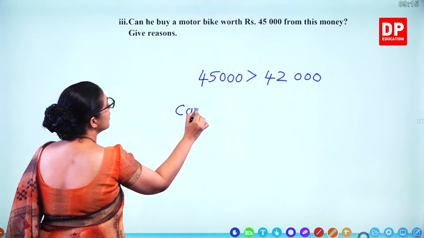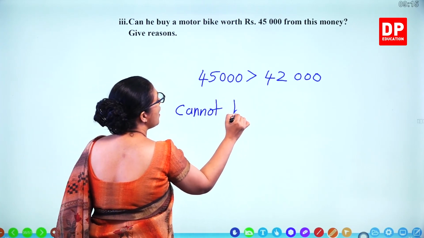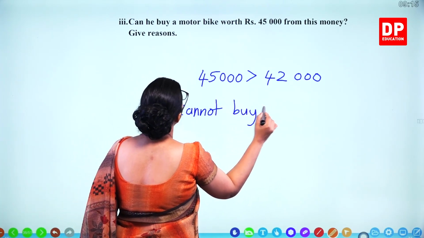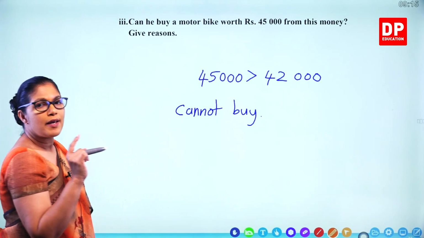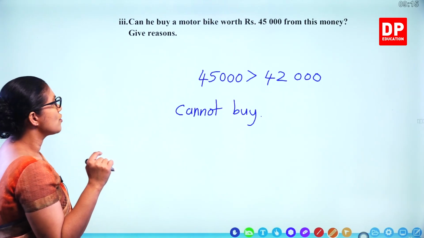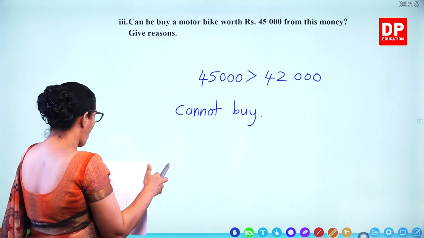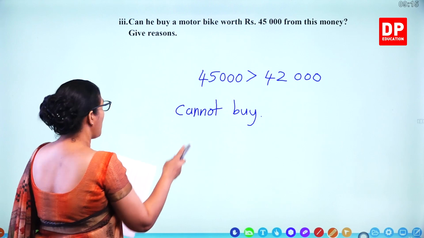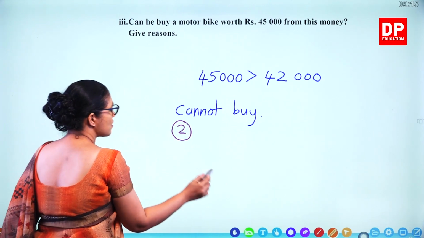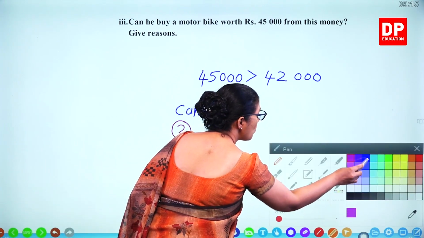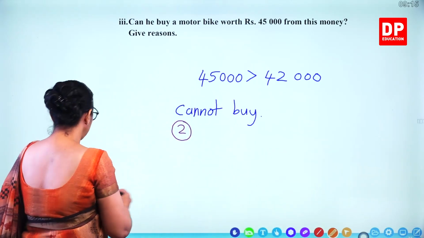Cannot buy. Cannot buy a bike worth 45,000. That is bigger than 42,000 that he gets. So how many marks? 2 marks. So we gave altogether 12 marks.